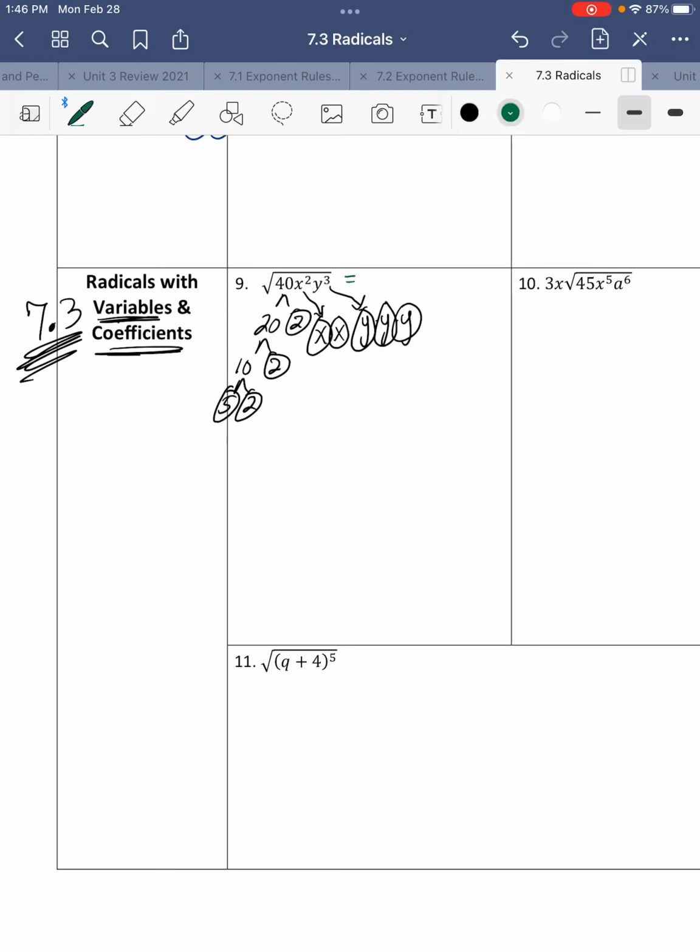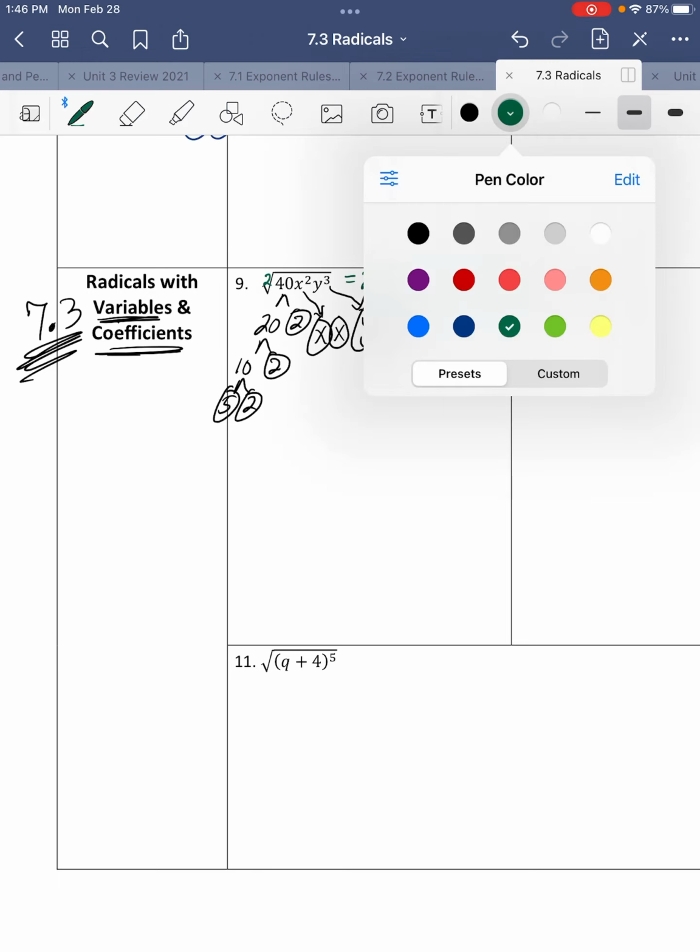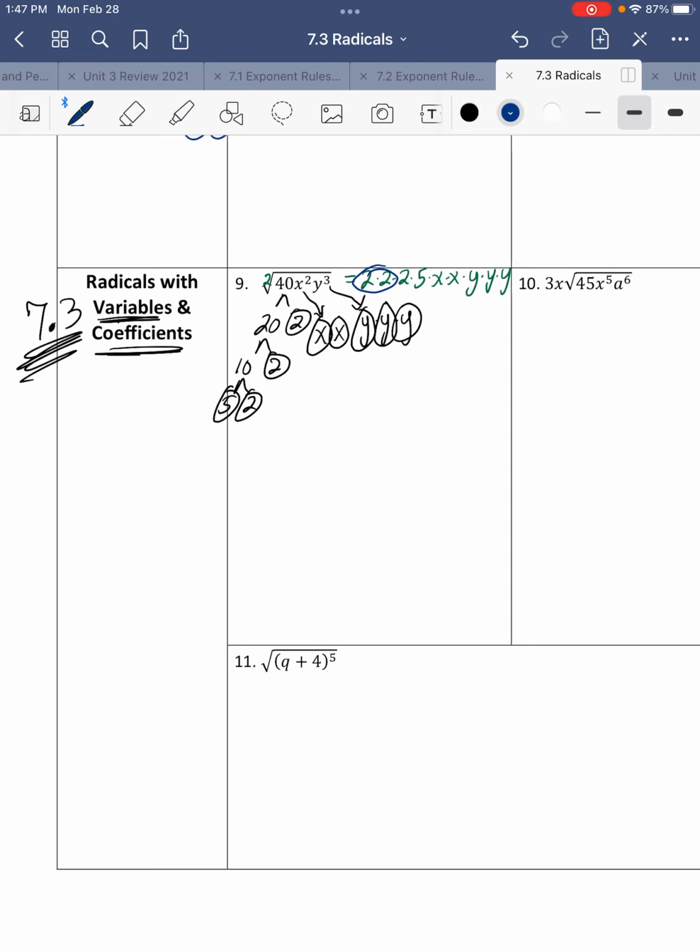Now I'm going to write this all out horizontally. Let me do this in a different color so we can see. We have 3 2's, a 5, 2 x's, and 3 y's. It is a square root, so we're looking for pairs. So a pair of 2's, that'll come out as a 2.